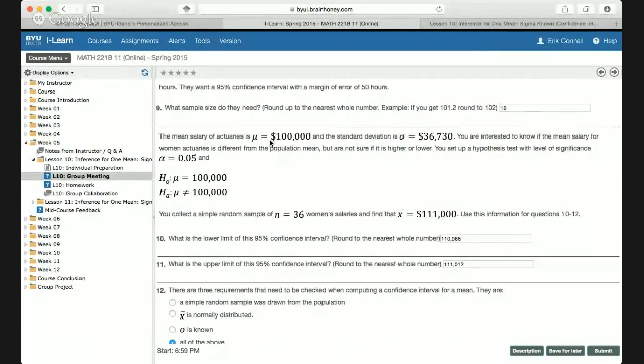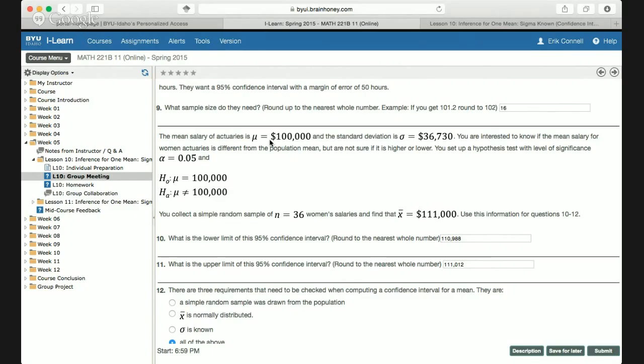So 3 minus 1.96, 36 divided by 6. Okay, 99,001 or 99,002. Is that what you got? I got 110,988.002. Let's see.